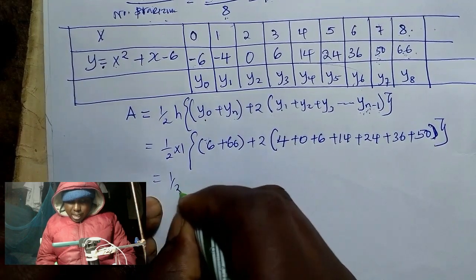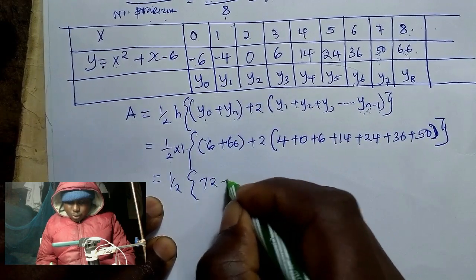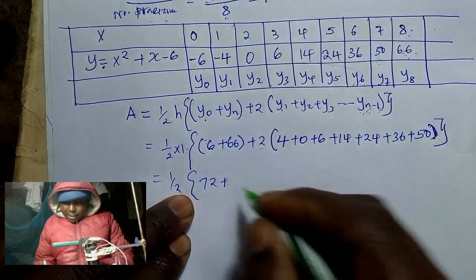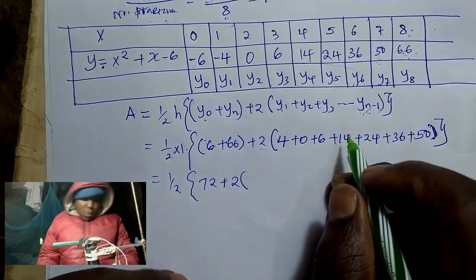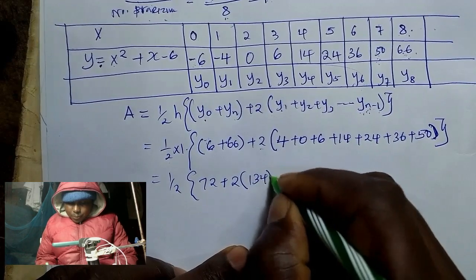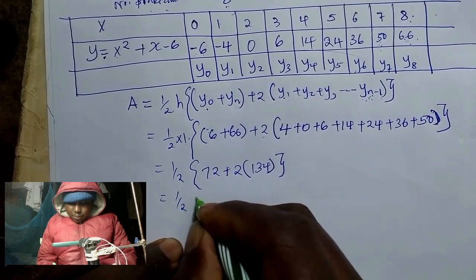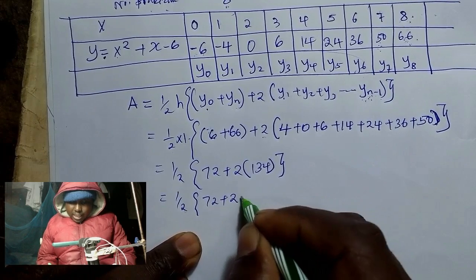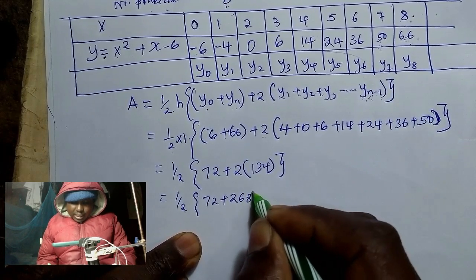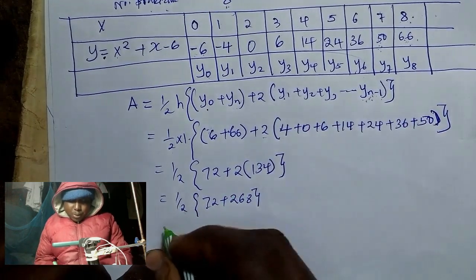This is the same as a half. Half times 1 is a half. So this one is 72 plus 2 into, adding all these gives 134. It is equal to a half, big bracket, 72 plus 268. So you finish everything in the bracket before you come outside.